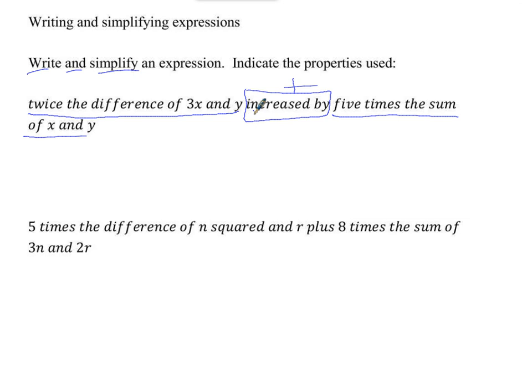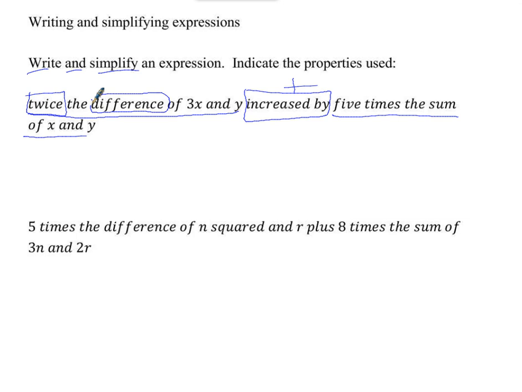All right, twice the difference of 3x and y. How can I write that? Because it says twice, right? Twice means 2, just 2. What am I doing with that 2? Multiplying. Twice means double it, right? Times 2. But it's twice the difference of 3x and y. What does difference mean? Difference does not mean divide. It means we're going to subtract.